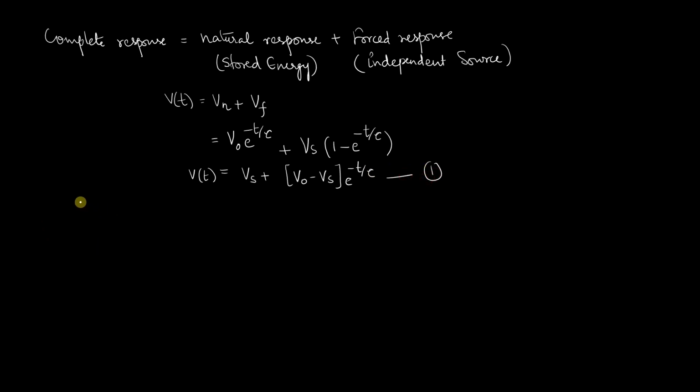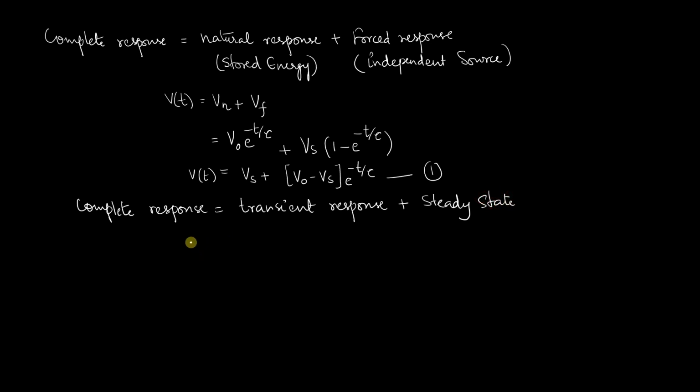Now I can also compute the complete response in terms of the transient response and the steady state response. Transient response plus the steady state. So I can write V of t to be equal to transient plus steady state.